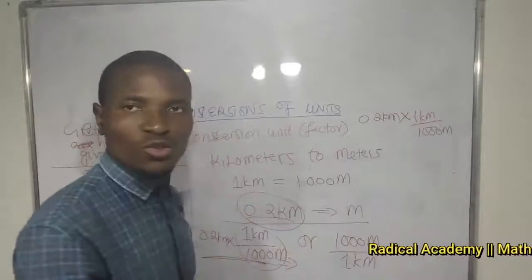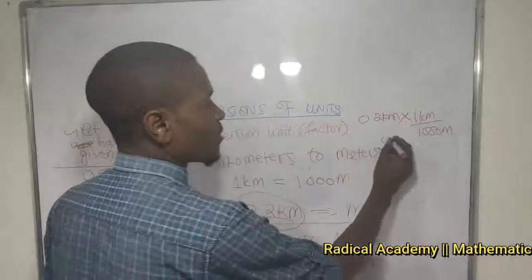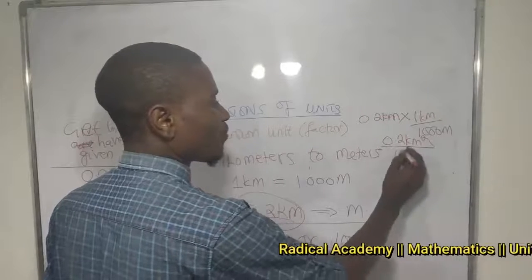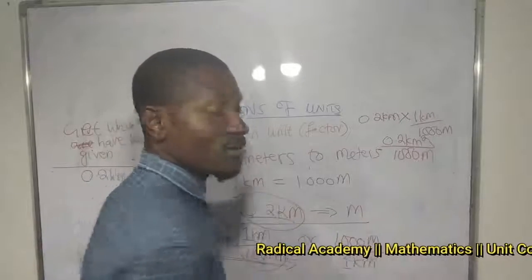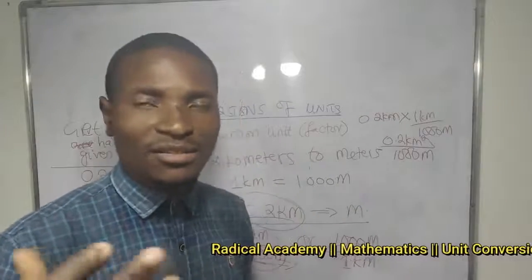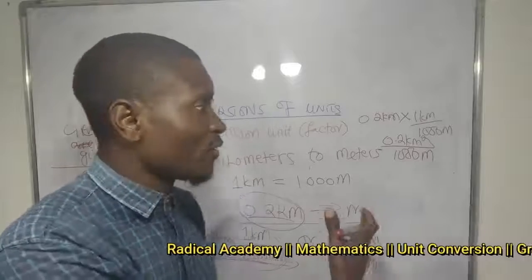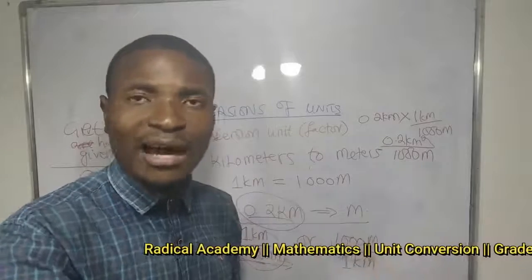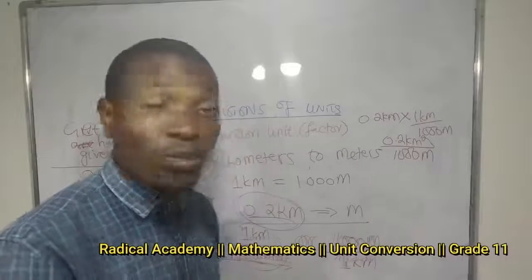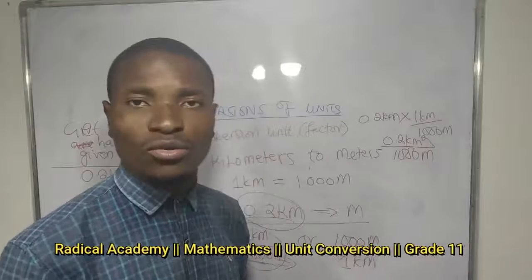This and this is not cancelling, just multiplying again. So this will give us 0.2 kilometer squared over 1,000 meters. What I've just done is actually nothing, because I'm not solving the question or giving the answer in meters. I'm just complicating the problem. So it is not possible to do that.